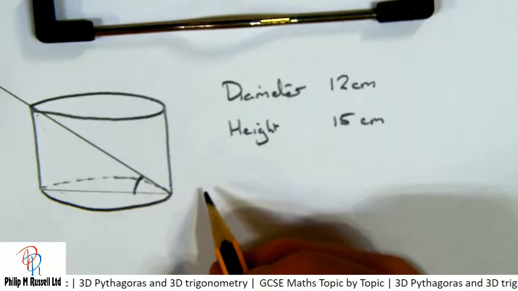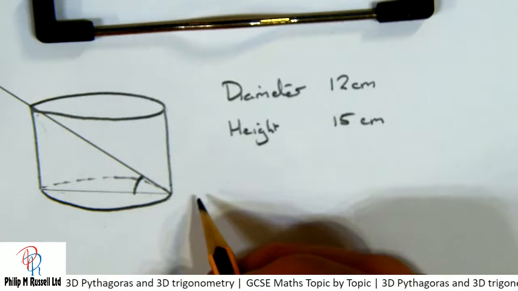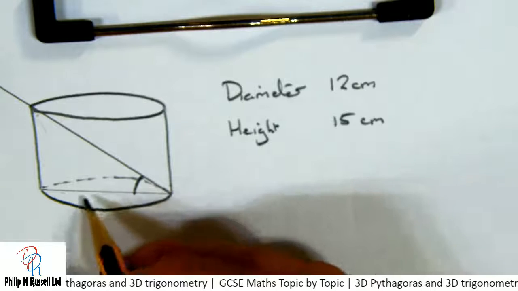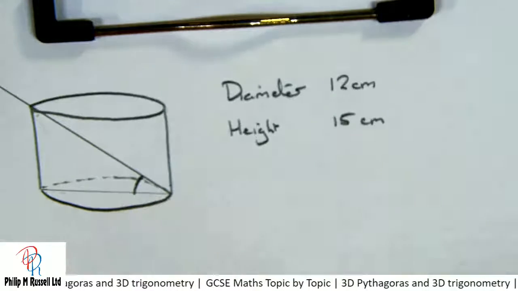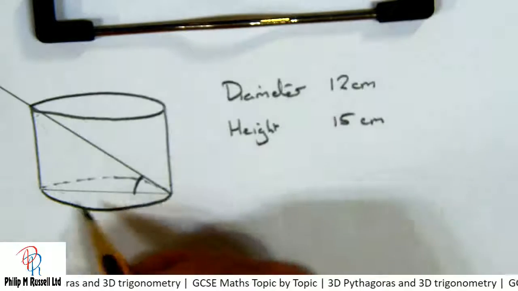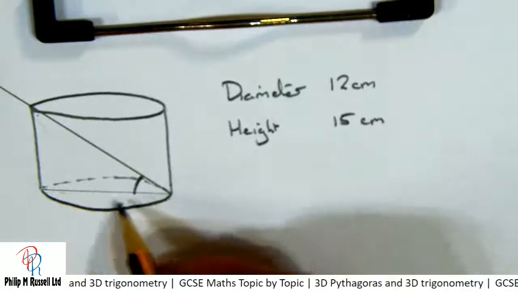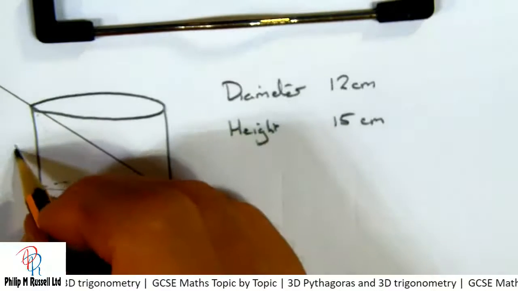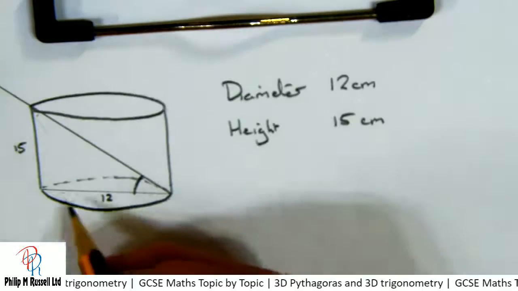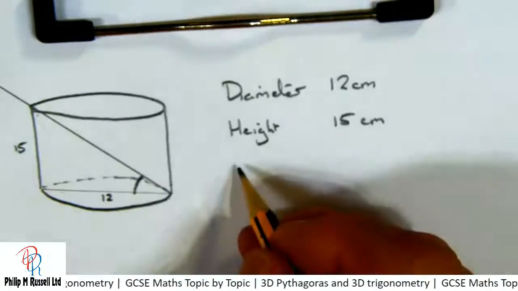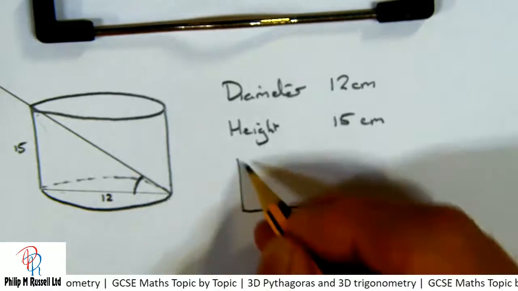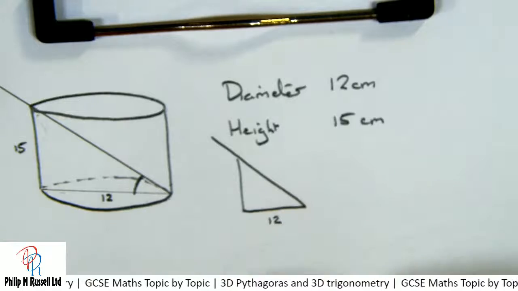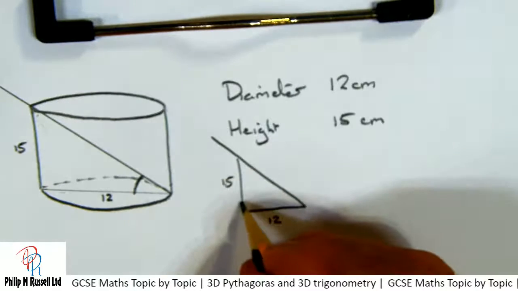So let's see what we need to try and work out. Well, it's very difficult for me to try and do some of these things, but it's not really that difficult. Although this is 3D Pythagoras, I know that this length is 12 and that height is 15. I already know most of the stuff that I need to find out, because we already know that this is 12 and this is 15.